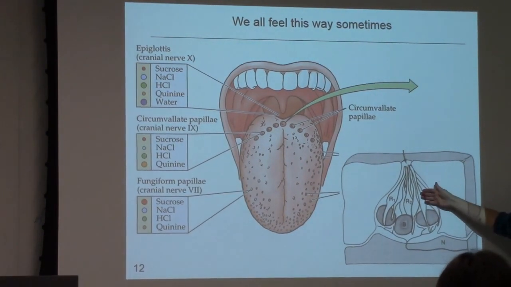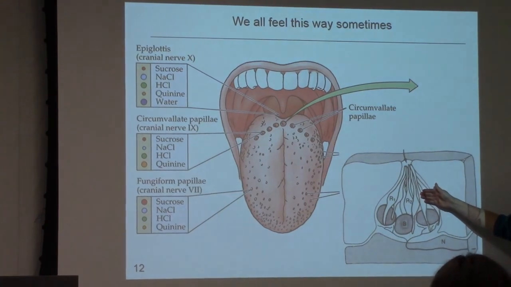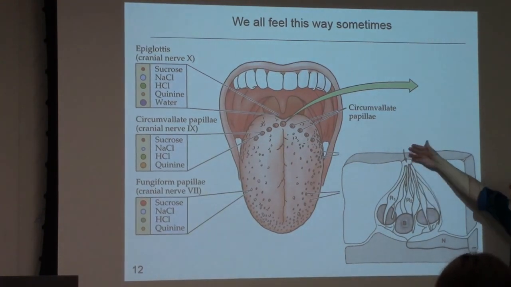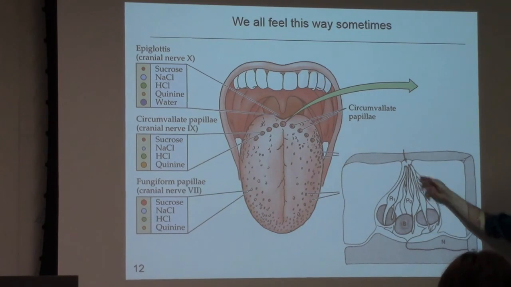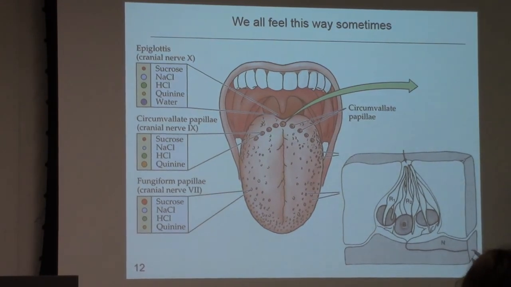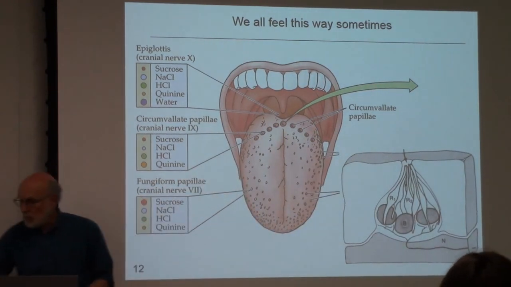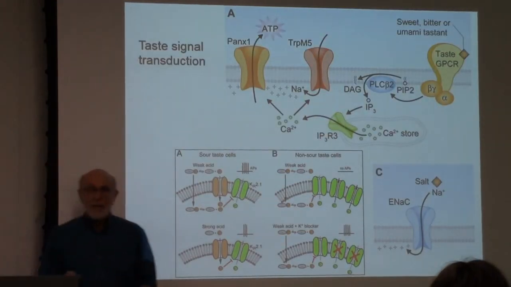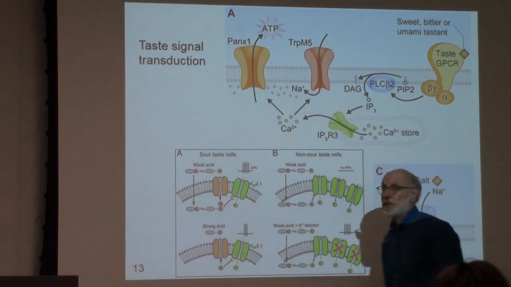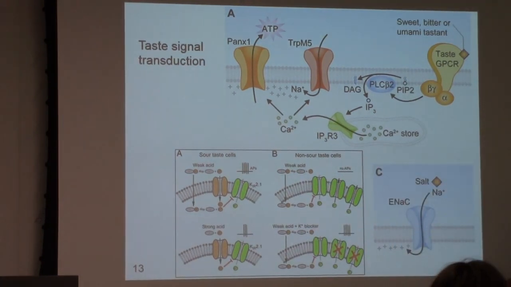The taste receptor cell is a short receptor cell. It responds to a chemical stimulus and then stimulates the afferent nerve. That's physiology. And this is the key physiology of taste.